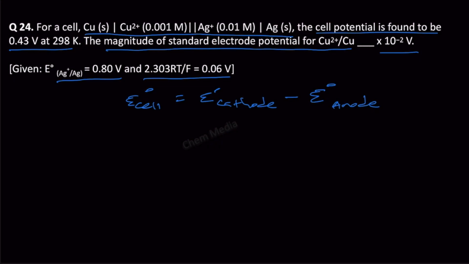So, first we need to find out this term, and then we can figure out the final answer, because here they are asking the standard electrode potential for copper 2 plus becoming copper. So, this is the standard reduction potential they are asking, and the cell potential value is given.